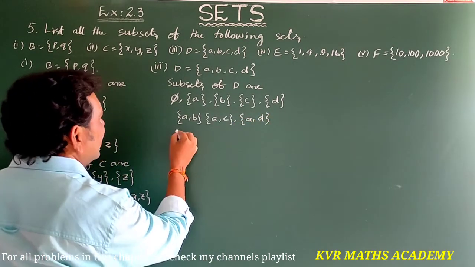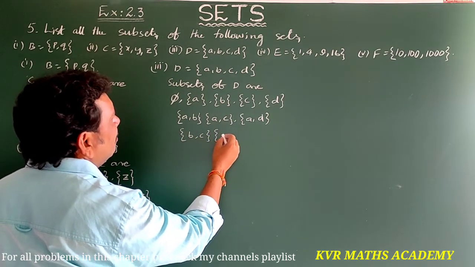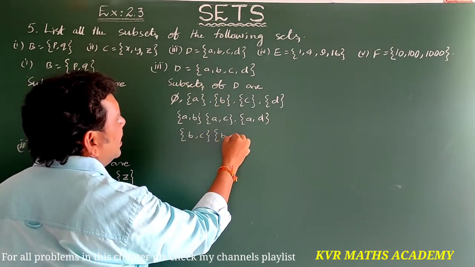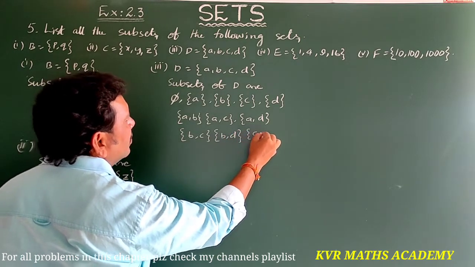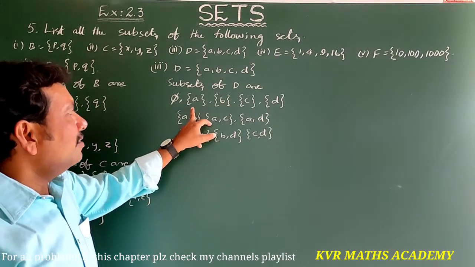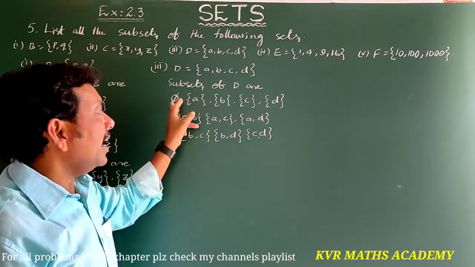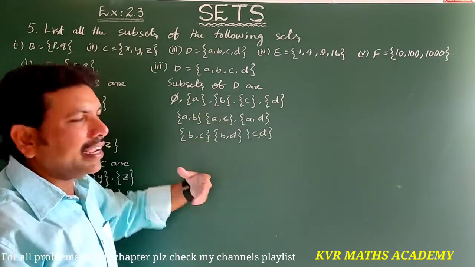Next, set of BC, set of BD, next set of CD. Totally here 1 2 3 4 5 6 7 8 9 10 11 already came.